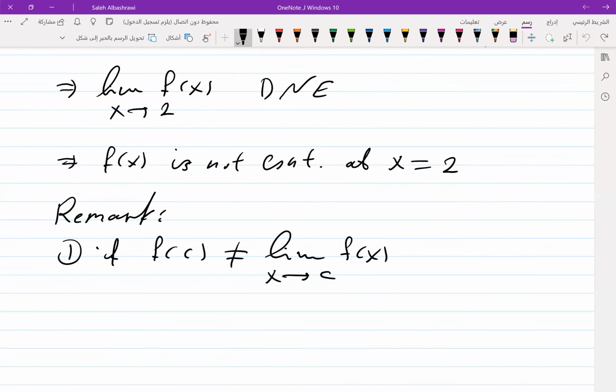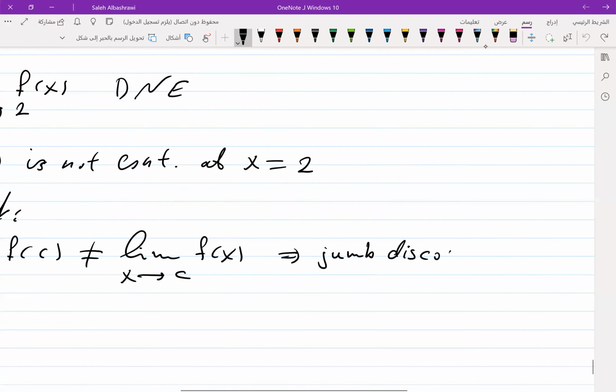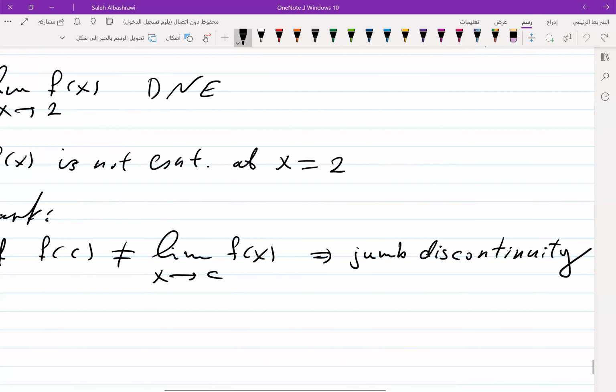We call this, sorry, not jump, removable. This is removable.